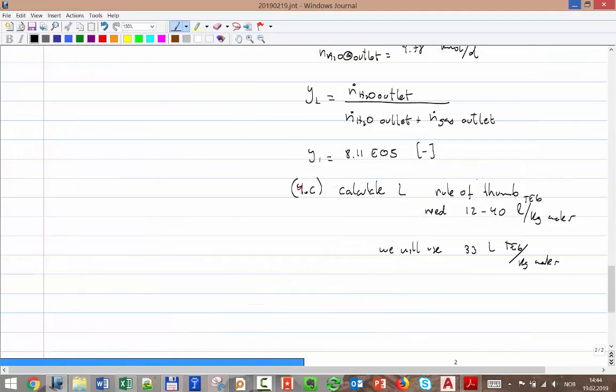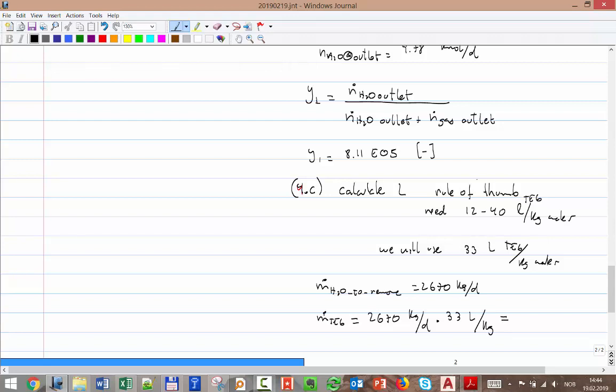The mass flow of water to remove is 2670 kilogram per day, and to remove that water the TEG will be 2670 kilogram per day times 33 liters per kilogram.